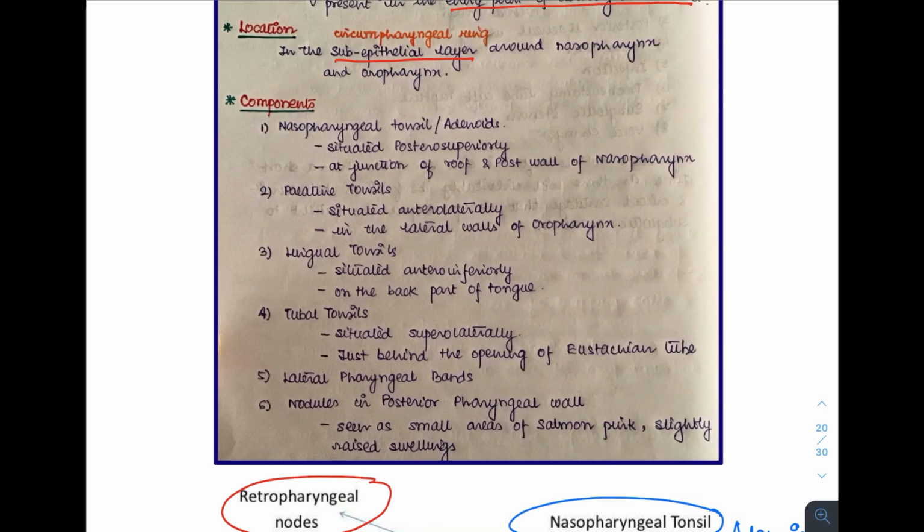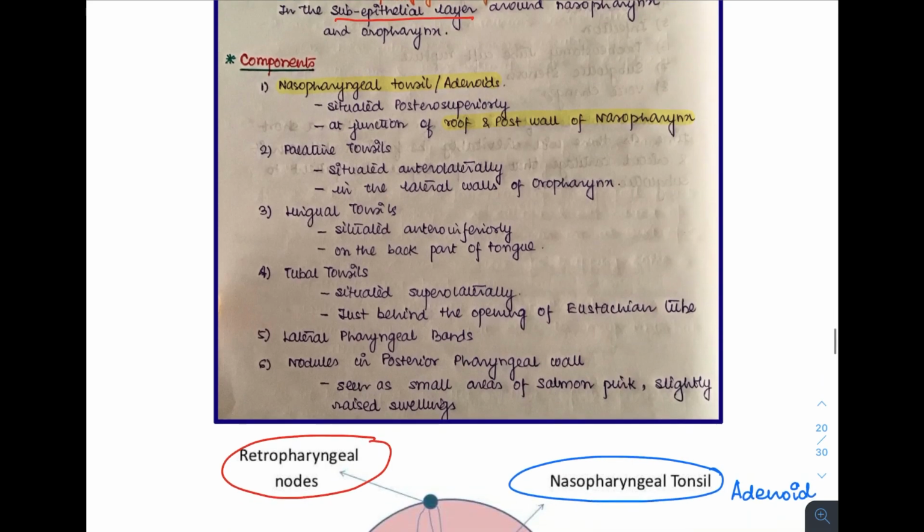The first structure is the nasopharyngeal tonsil, also known as the adenoids. It is situated posterosuperiorly at the junction of the roof and the posterior wall of the nasopharynx. Next are the palatine tonsils, which are a part of the oropharynx. They are situated anterolaterally in the lateral walls of the oropharynx.